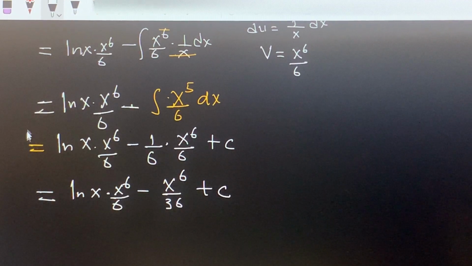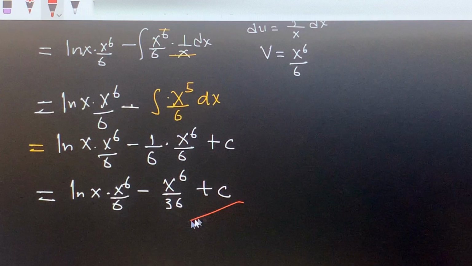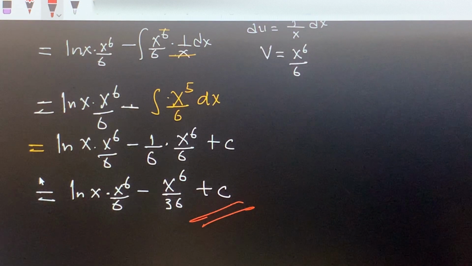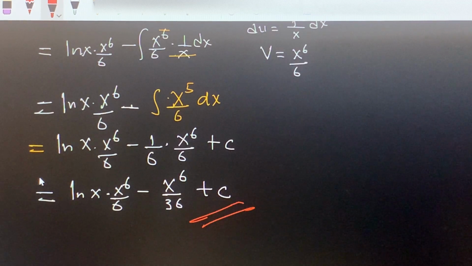I can just stop at this point because this is enough for this integration. So finally, ln x times x to the power of 6 over 6 minus x to the power of 6 over 36 plus c is going to be my final integral. All right, let's continue to the next problem.